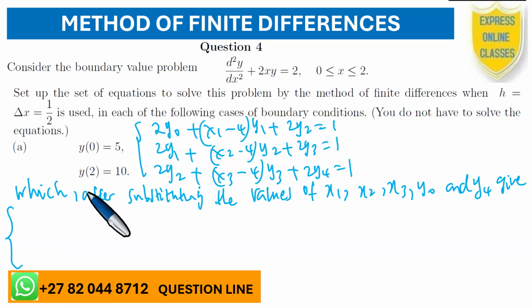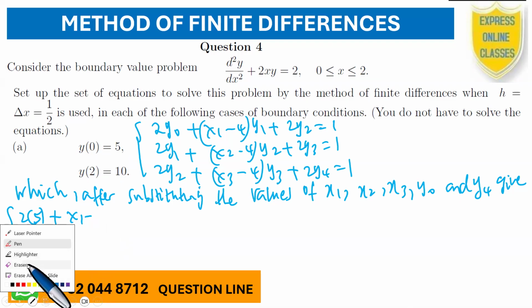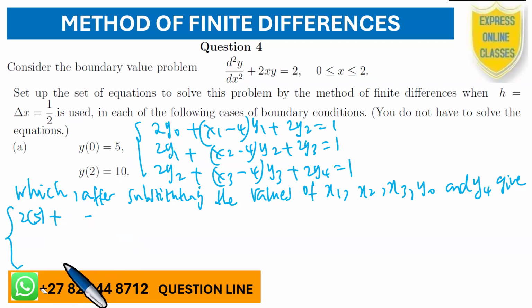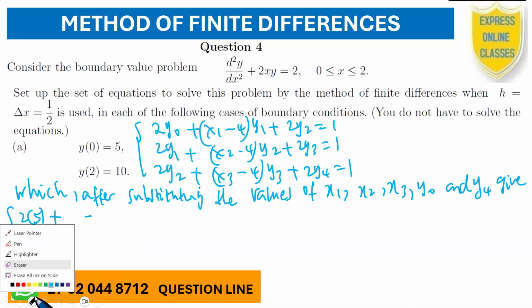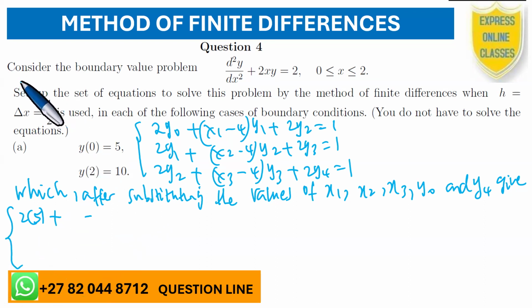So now, if you put y0, like y0 is a 5, so we're going to put a 5 there. And then x1, we know it. Let's just write the things here on top, so that we can remember and avoid a couple of mistakes.